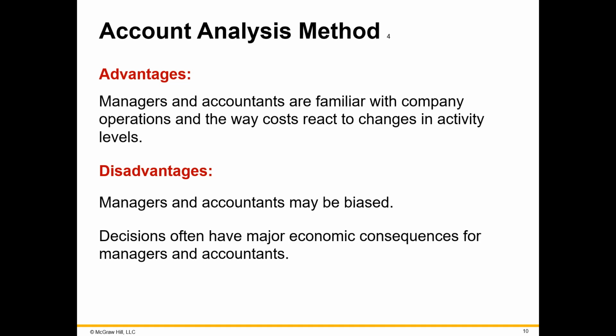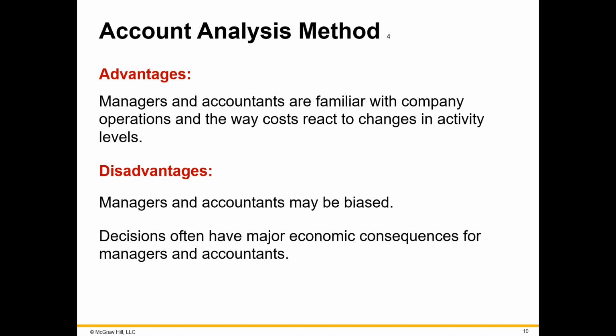An accountant that might be trying to keep their cost estimate down might take a variable expense, which is a recurring expense per item, and say, well, I really think it's a fixed cost, so I'm going to put it under the fixed cost column, and it's only going to be charged one time per month, when in reality it's charged more often.